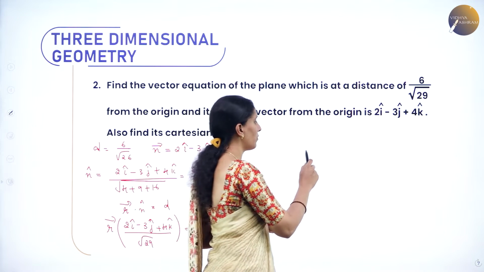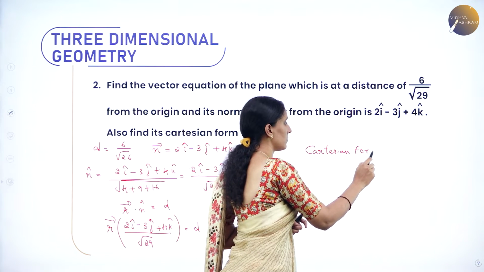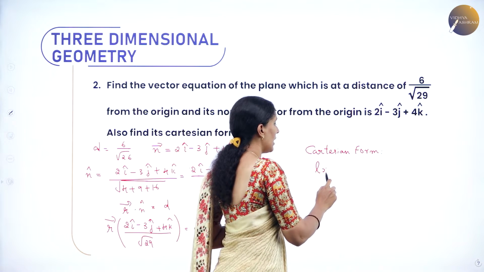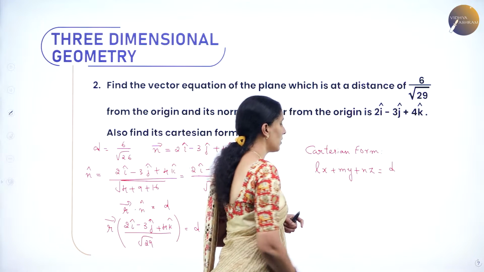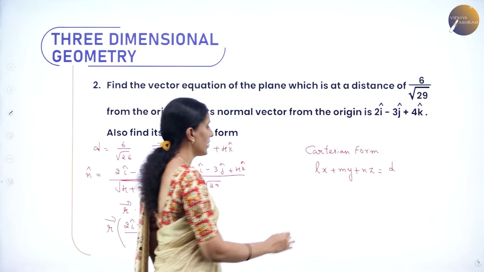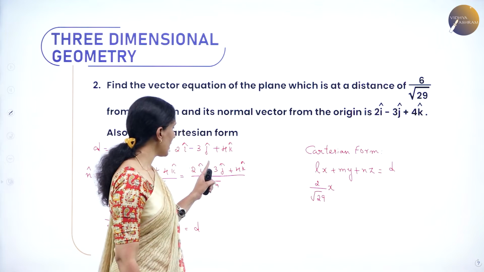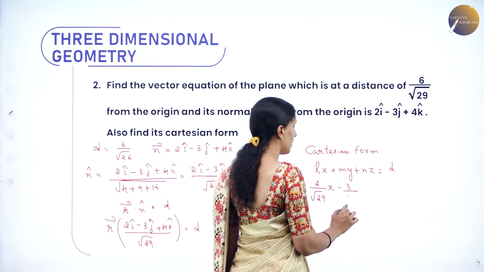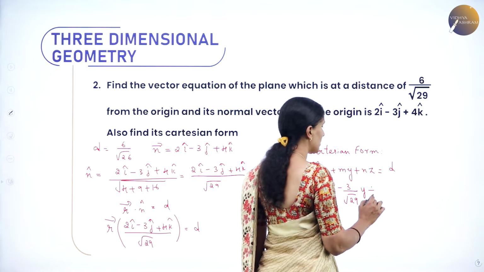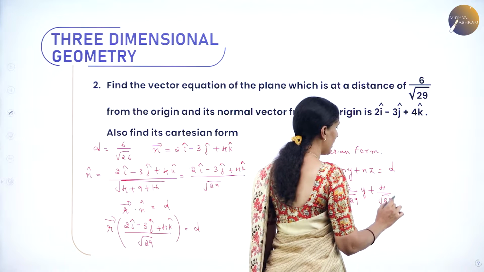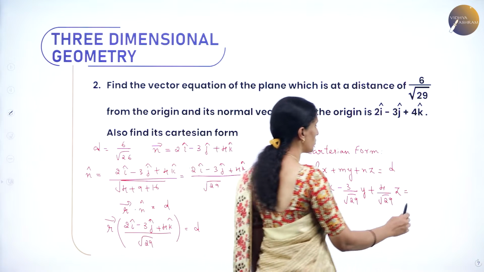So the Cartesian form is Lx plus My plus Nz is equal to D. Here L is 2 by root 29, so it is 2 by root 29 x, M is minus 3 by root 29, so minus 3 by root 29 y, and N is 4 by root 29, so plus 4 by root 29 z is equal to D. The distance D is 6 by root 29.